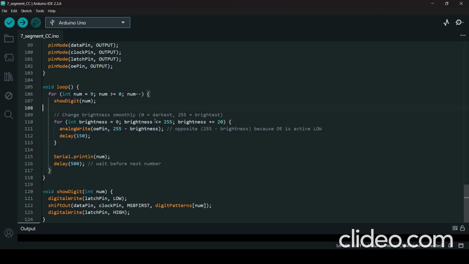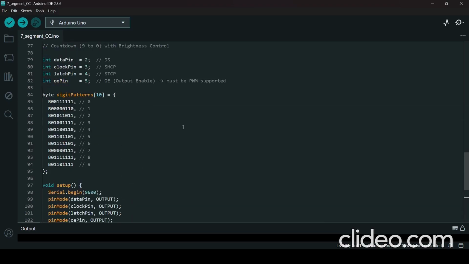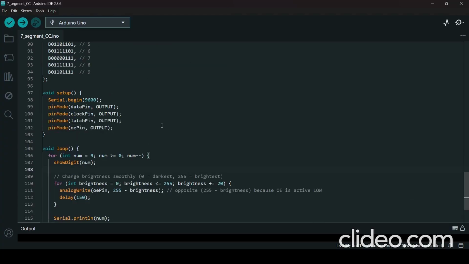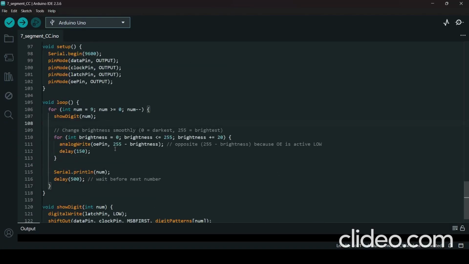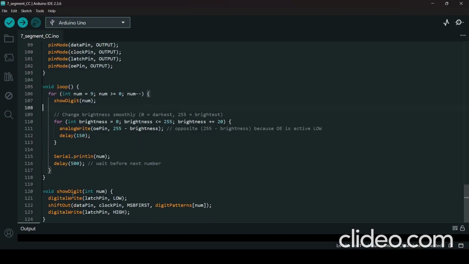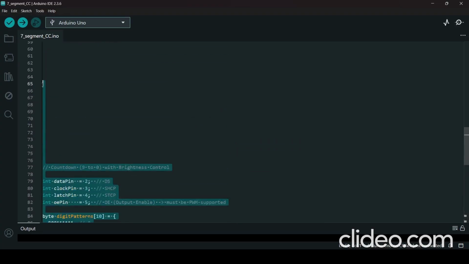So we are increasing the brightness from 0 to 255, and in each step the brightness is increased by 20. And we are writing the brightness level on the OE pin using analogWrite. So you must do 255 minus brightness and not brightness minus 255, because the OE pin is active low by default, right? So brightness minus 255 would be wrong. So everything is the same as the previous code, right? So this is the complete code for the brightness control.